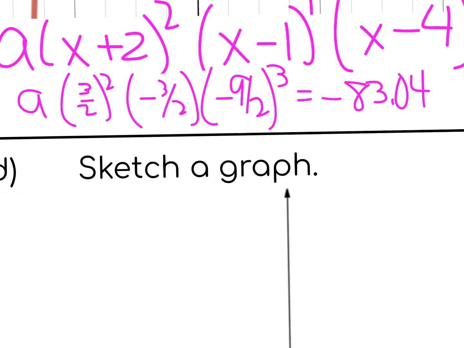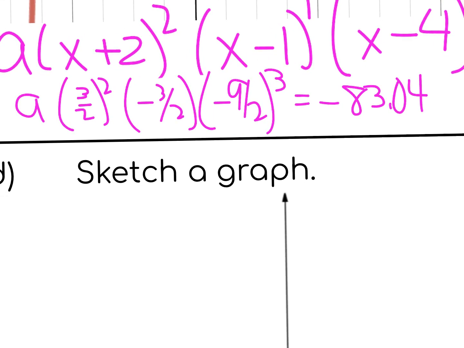So 3/2 squared times negative 3/2 times negative 9/2 cubed is 307.546875. And so a is going to be the negative 83.04 divided by 307.546875.